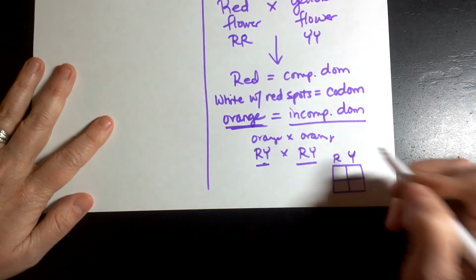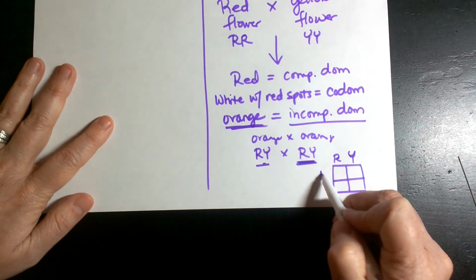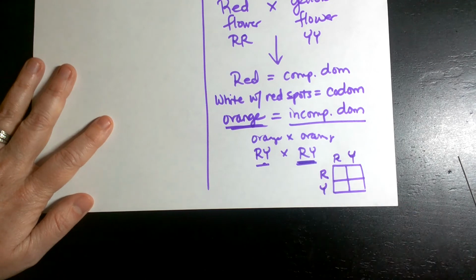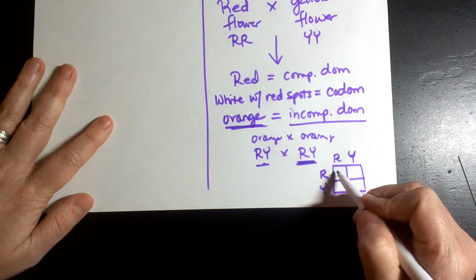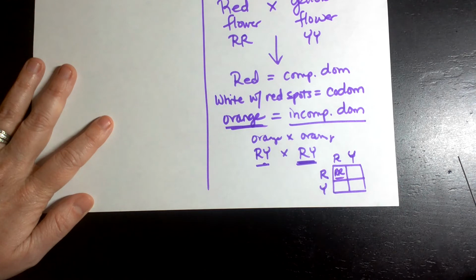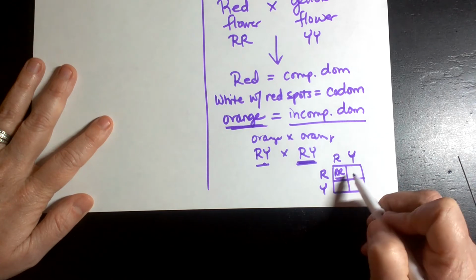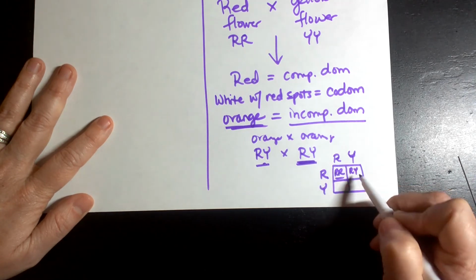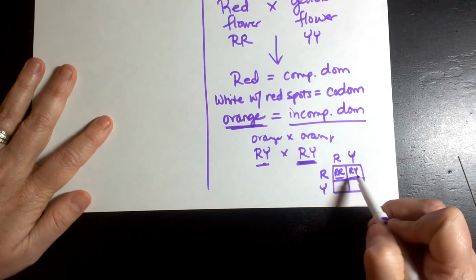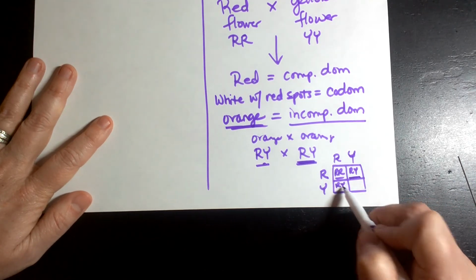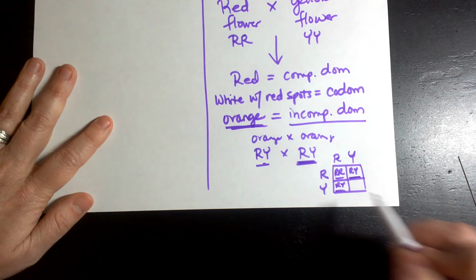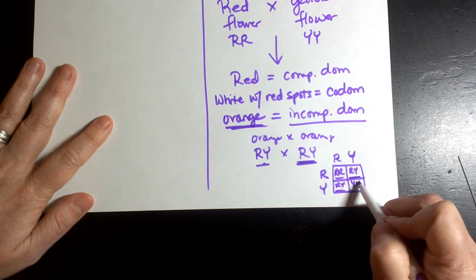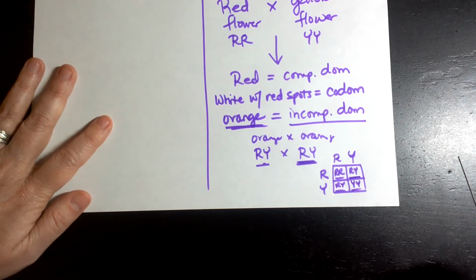Parent number two, red allele, yellow allele. Then when you fill in the box, that offspring is going to be red. This offspring is going to get a red and a yellow allele, so it will be orange. This one's going to get a red and a yellow allele, so it will be orange. And then this one's going to get two yellow alleles, so it will be yellow.